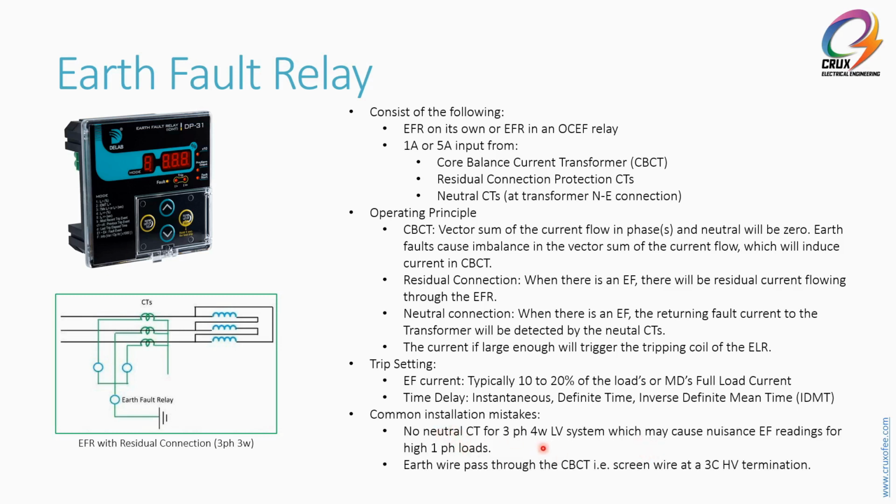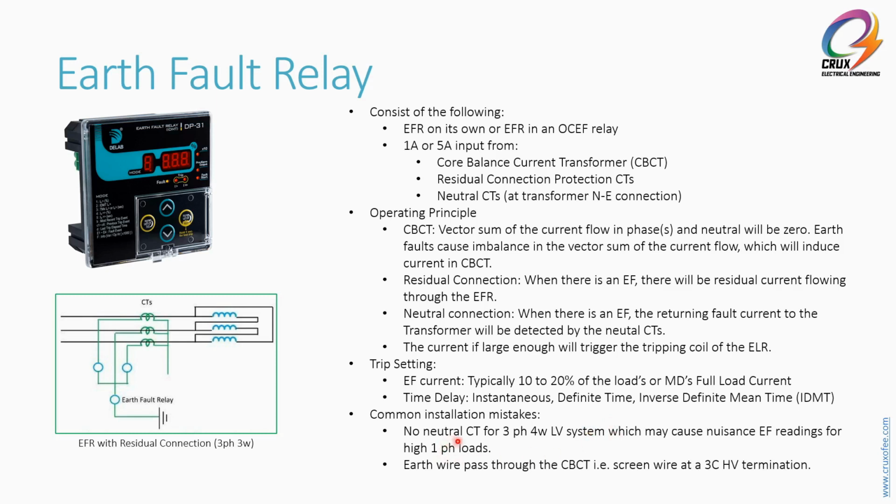So again, just to highlight what is the common installation mistakes that people do, because people always look at the high voltage side, they only remember 3 wires only. So when they use it on the 3-phase 4-wire system, they tend to forget about the neutral CT, because you must remember that for low voltage, we also have single phase loads, and there will be a normal neutral current return from these single phase loads.